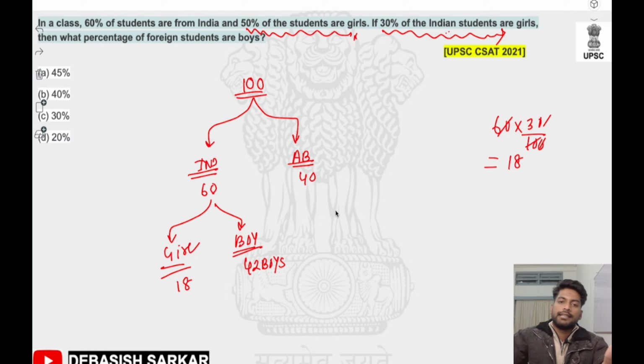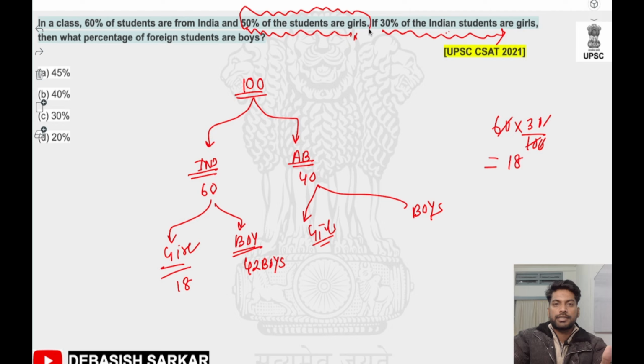Okay. Now check here from abroad, boys and girls. Now they are saying, see this sentence, 50% students are girls in total. Now check. 18 Indian students are girls.